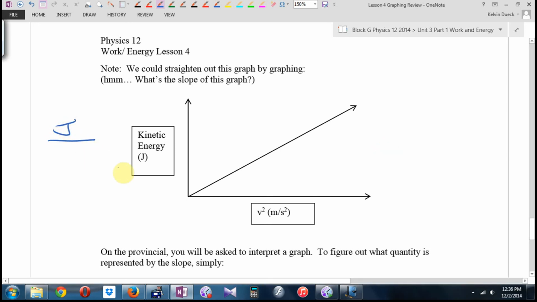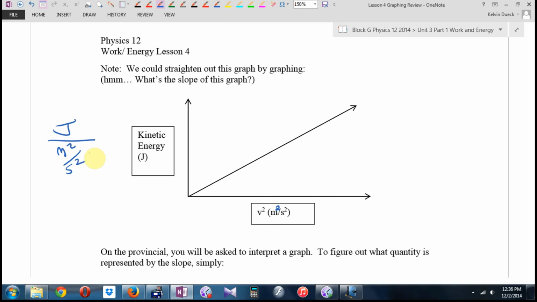Joules over, oh, by the way, can you all look up right here? It should be meters squared per second squared, because V squared would be squaring all the units, yes? So it would be joules per meter squared per second squared. I don't recognize that. So if I can't recognize it from the units, I'll try dividing the variables. What's the variable on the y-axis? Kinetic energy, Ke.